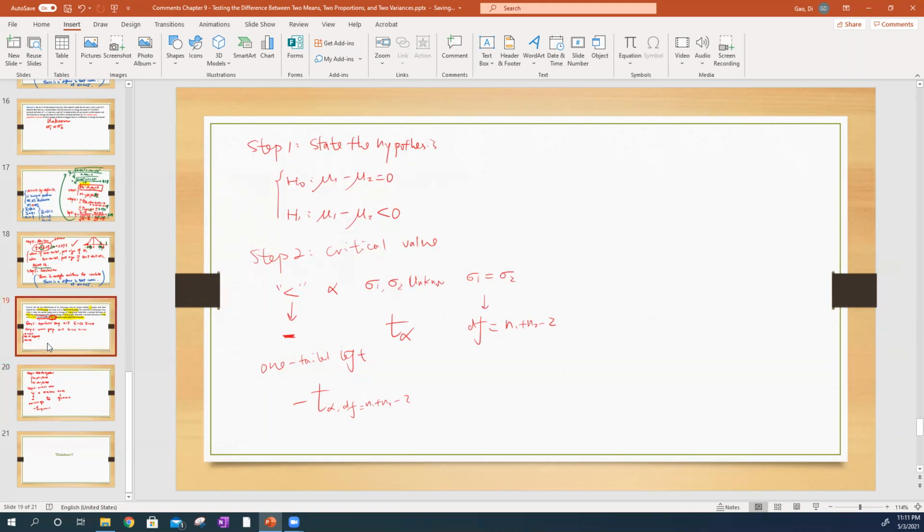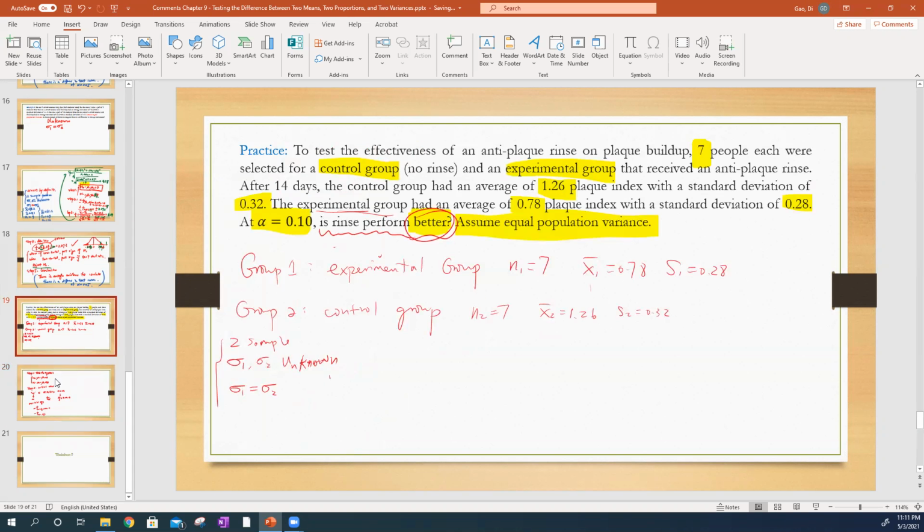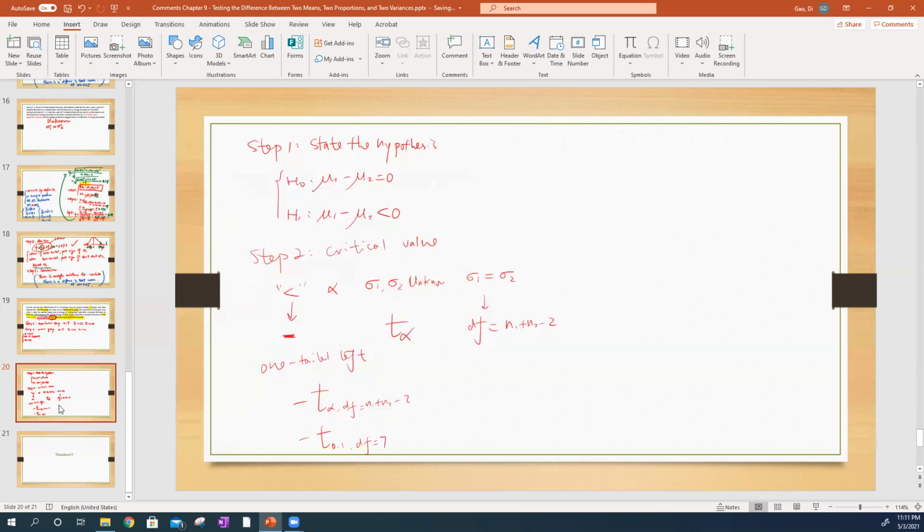So go back, alpha equals 0.1. So we're checking negative t sub 0.1 with df equals n1, that's 7, n2, that's 7. So 7 plus 7 minus 2, that's 12. So we need to check the t-table to get that. After we check the t-table, we got 1.356.